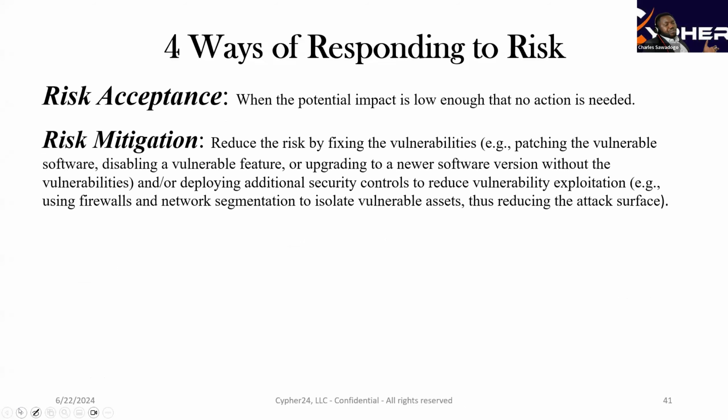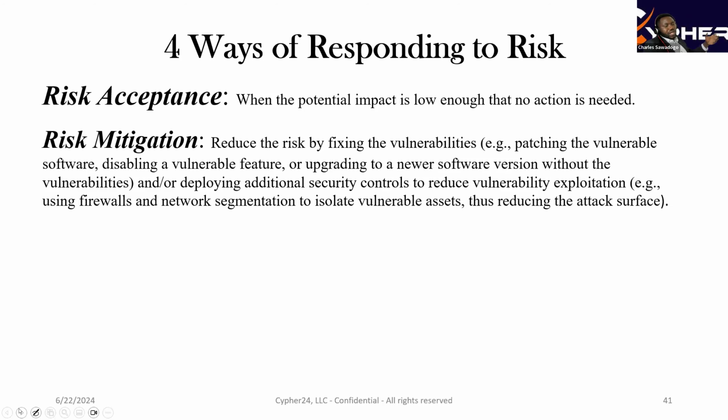We can also decide to mitigate the risk. Mitigate means that we're going to fix the vulnerability, for example, by patching the vulnerable software or disabling a vulnerable feature or upgrading to a new software version without the vulnerability.